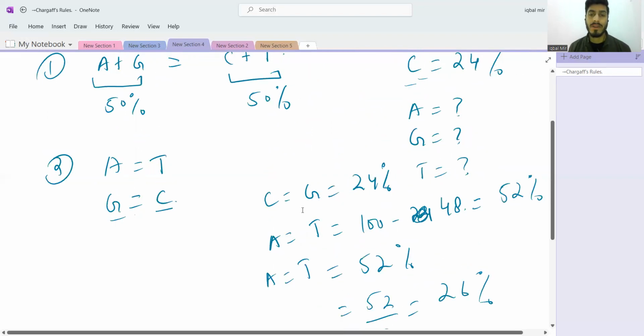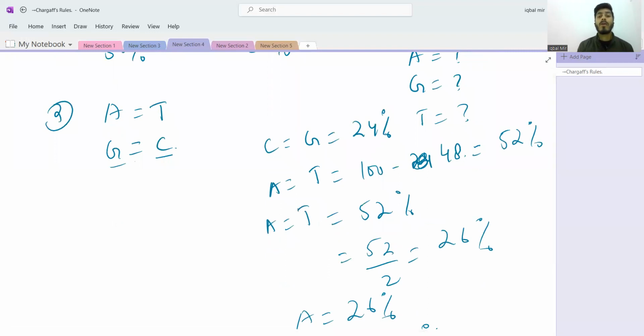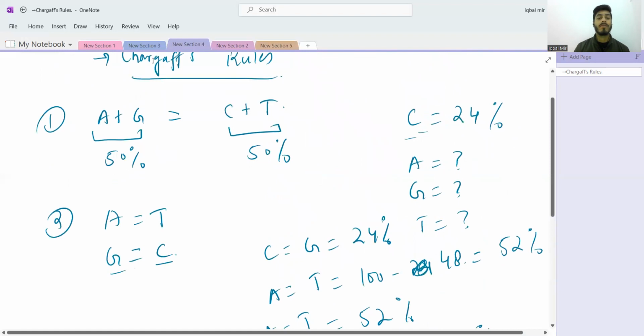Simple, isn't it? You can also answer like this. Guanine is equal to 24. Adenine and guanine are 50%, so minus 24 from 50, it is 26%. When adenine is 26%, thymine is also equal to 26%. So these are the rules of Chargaff.